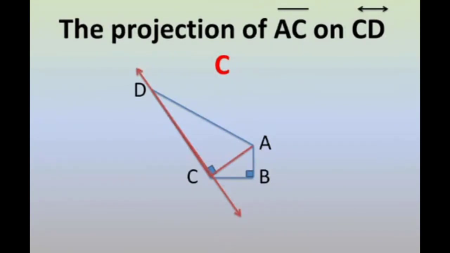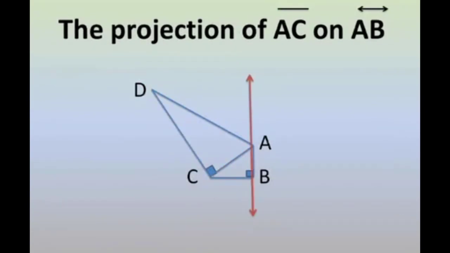You must determine correctly the line segment whose projection is needed, and the straight line. The projection of line segment AC on the straight line AB.